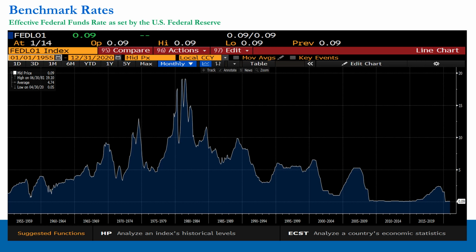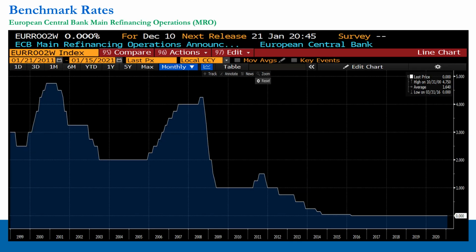If we look at some other areas of the world, the story is not any different. So if we look at the MRO, the main refinancing operation from the ECB since the late 90s, we'll see a similar story start to take shape around 2008, where interest rates peak, and then they've just come down continuously, and now they're at zero.